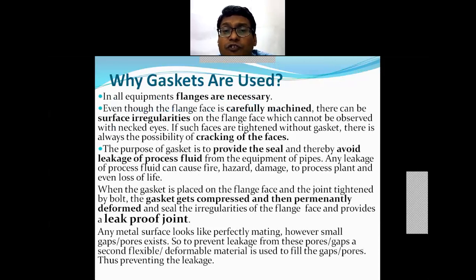Even though the flange face is carefully machined, there can be surface irregularities. That is the most important thing to be understood. The flange surface is a metal surface. Even though it looks smooth and one cannot see the uneven surfaces, on a smaller scale there are small uneven surfaces on that metal surface.